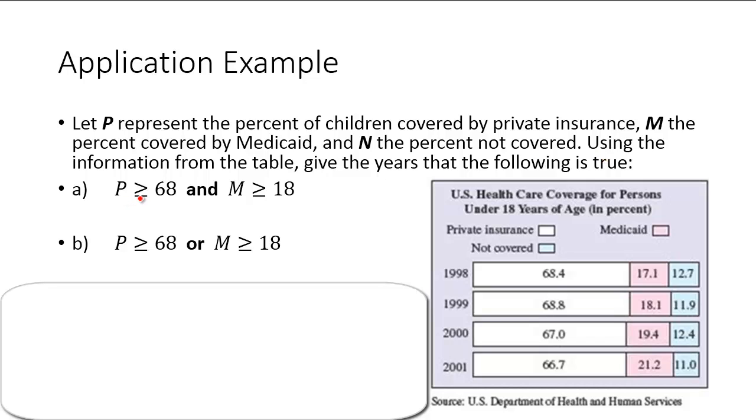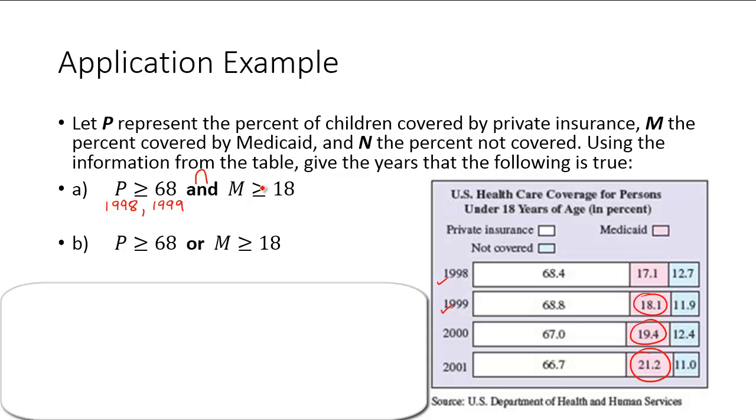So P greater than or equal to 68, which is 1998, 1999, and M is greater than or equal to 18, that's this one, and this one, 1999, 2000, and 2001.